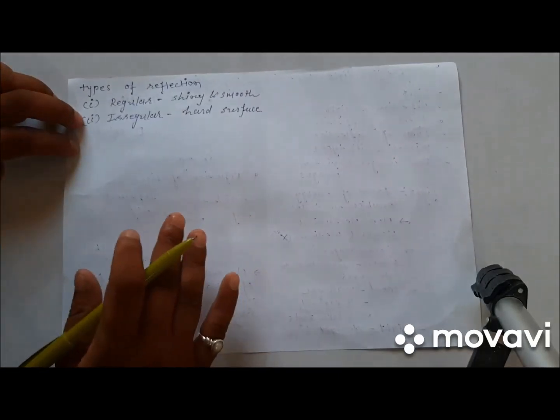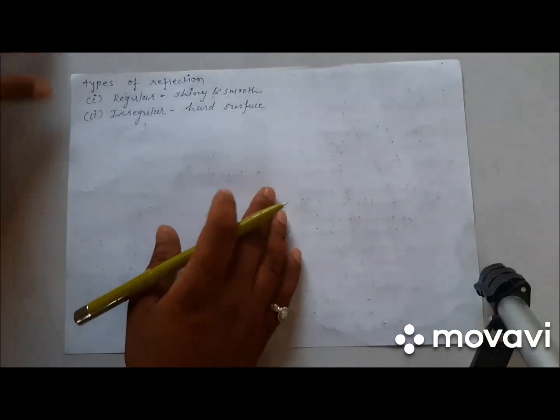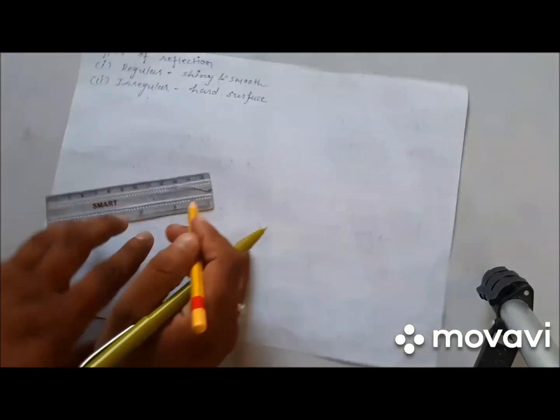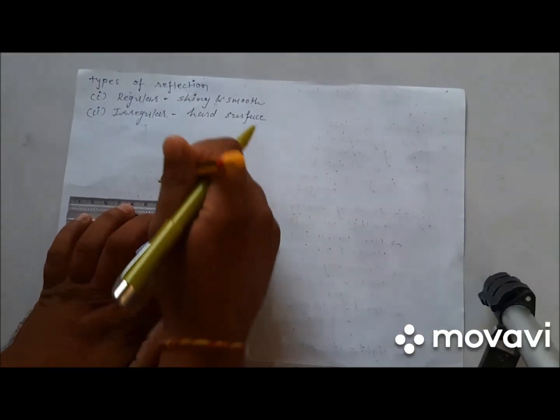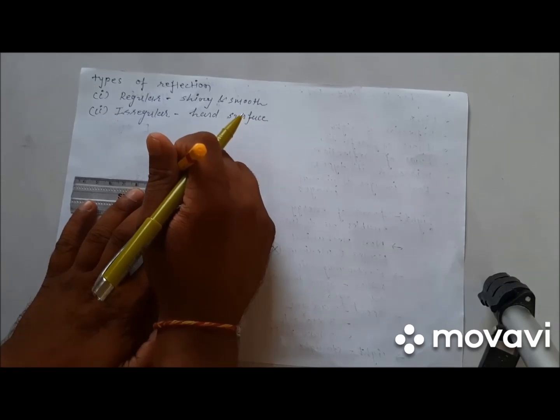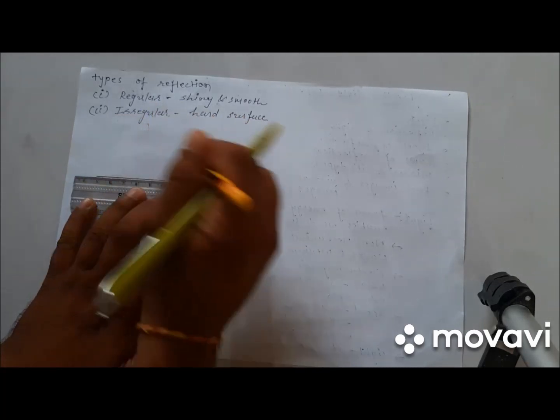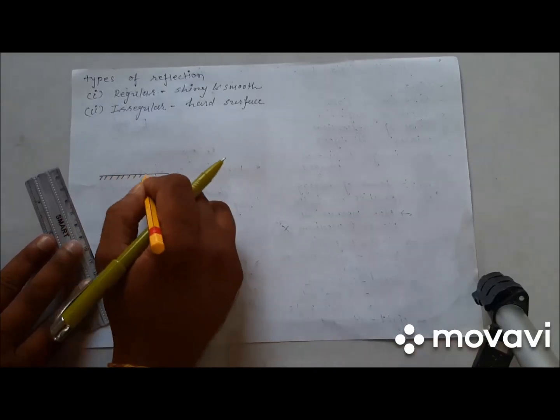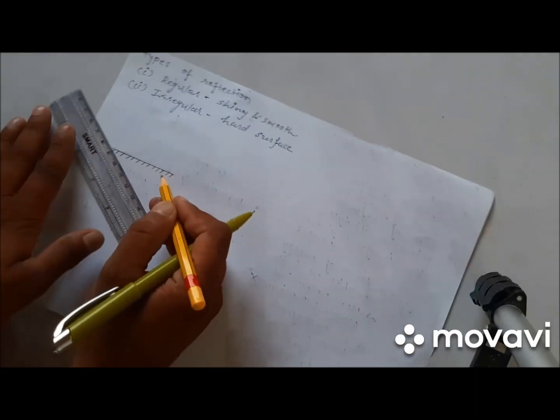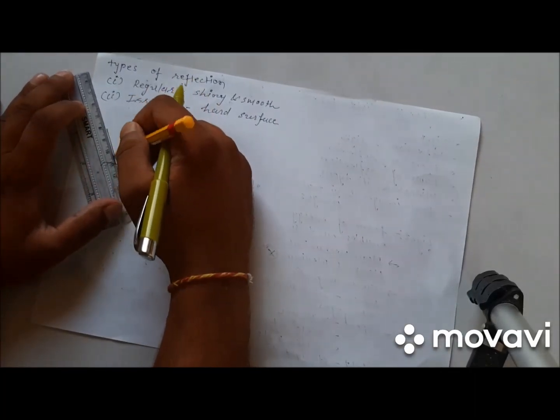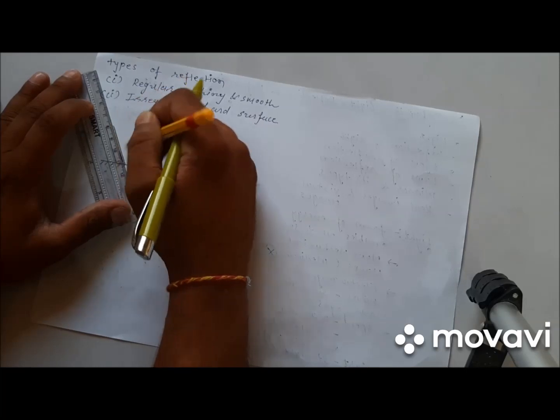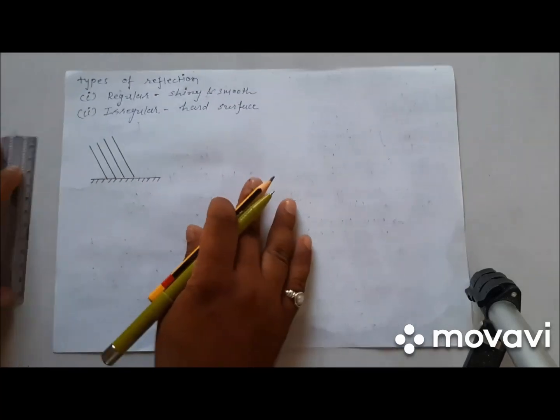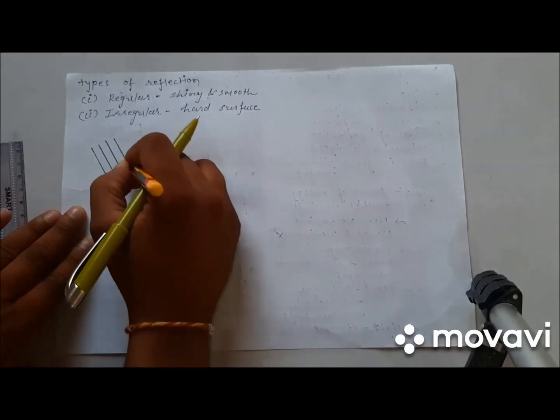Okay, so first let us understand what is called regular reflection. For regular reflection we will require a shiny and smooth surface. So here we have a shiny and smooth surface like this. On this surface, if parallel light beams are incident, these are the parallel incident rays.